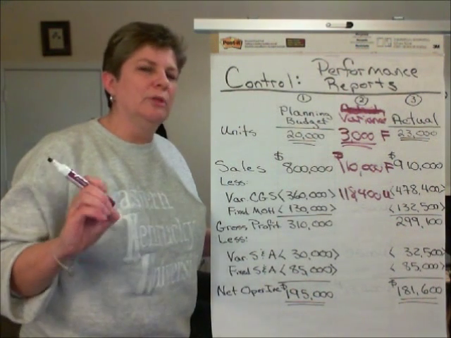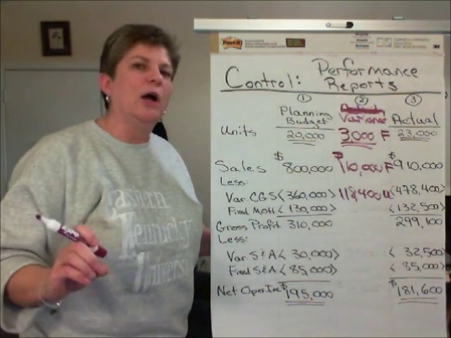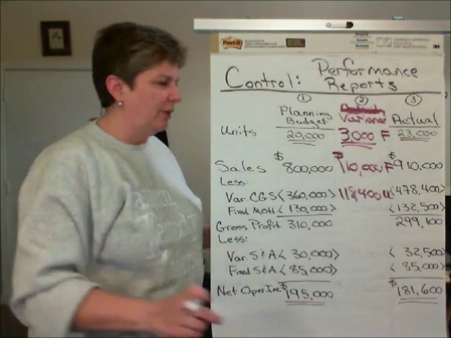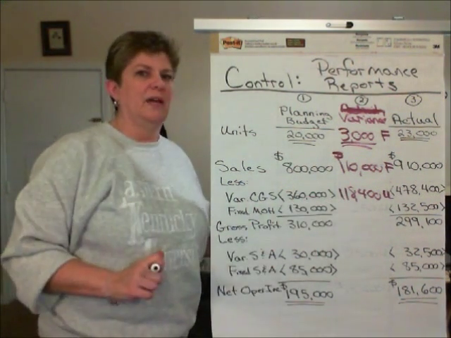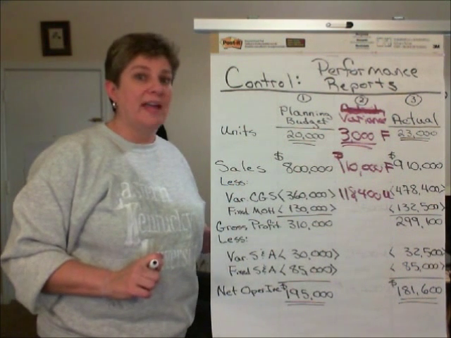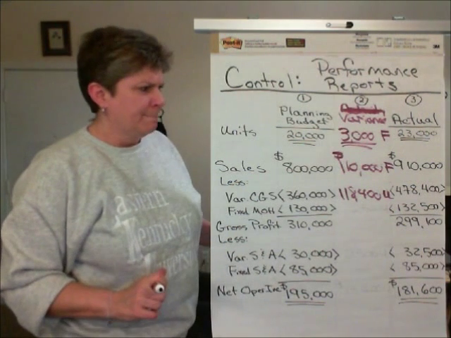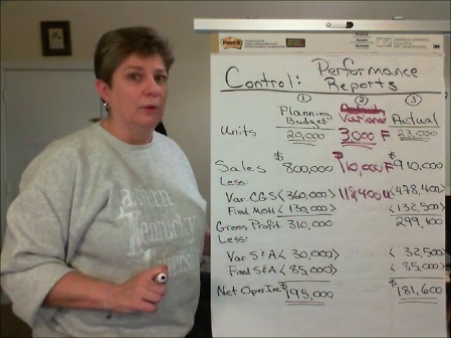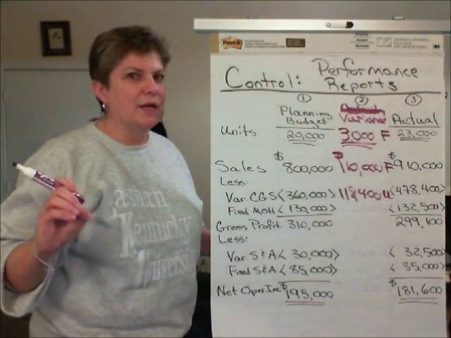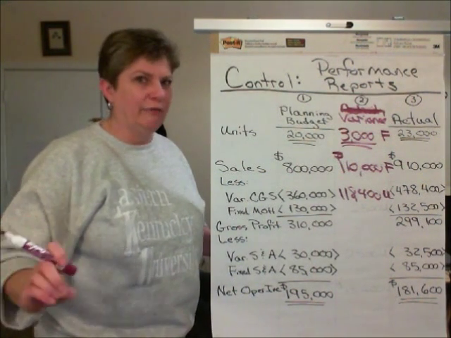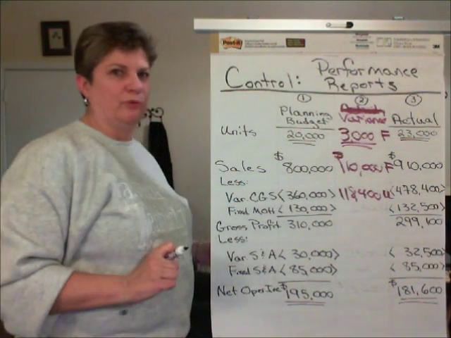They give us valuable information, but they are limited and can easily be misinterpreted. Again, a $118,400 unfavorable variance on variable cost of goods sold, somebody would be in trouble if they didn't understand to look further. So be careful in using a static budget performance report.